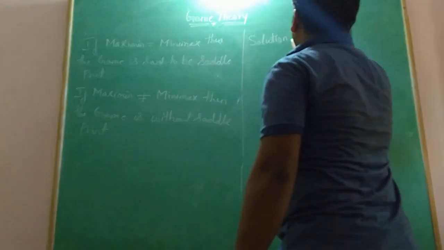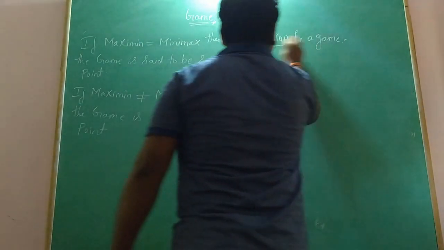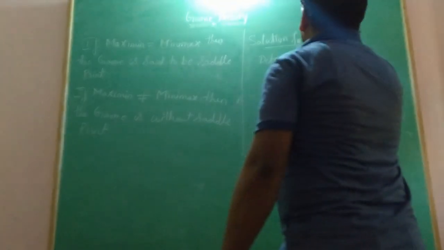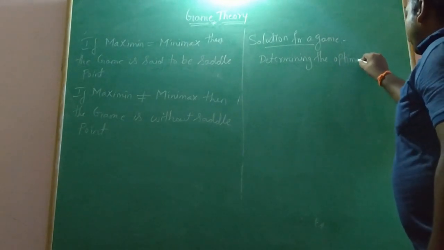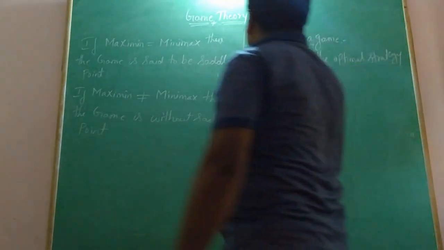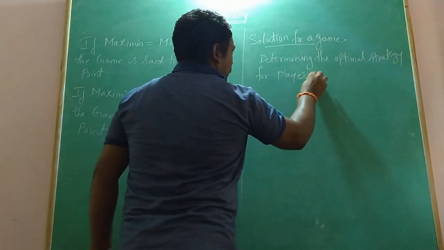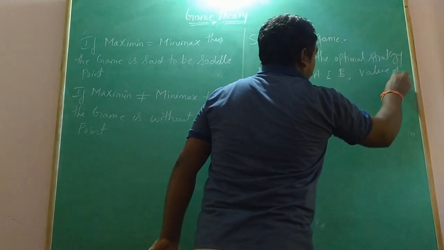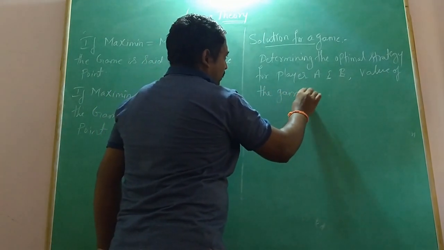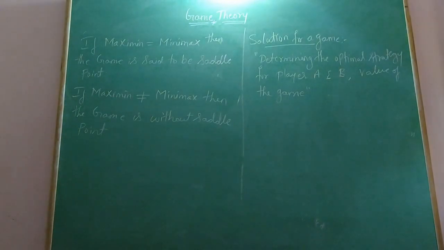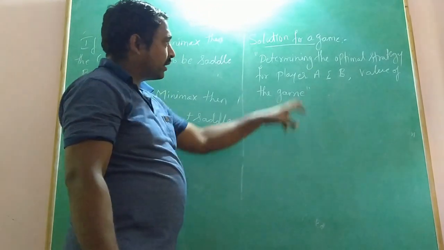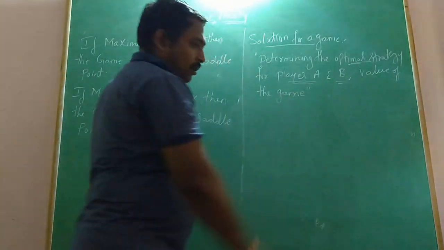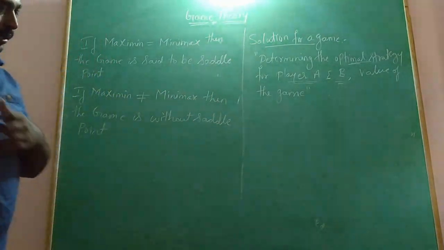Solution for a game means determining the optimal strategy for each player, this player A and player B, and the value of the game. This is known as the solution for a game.